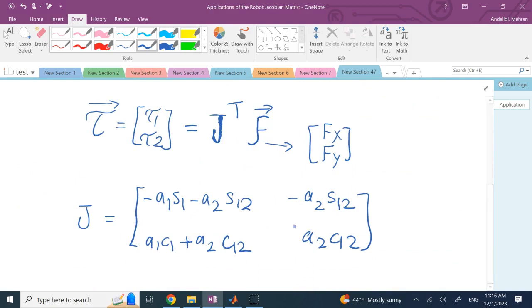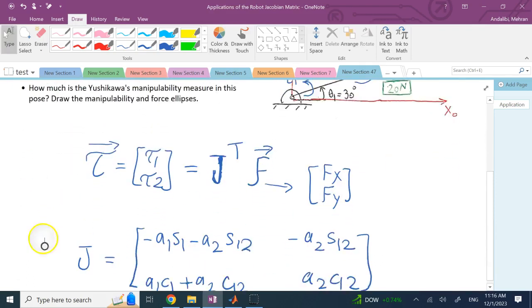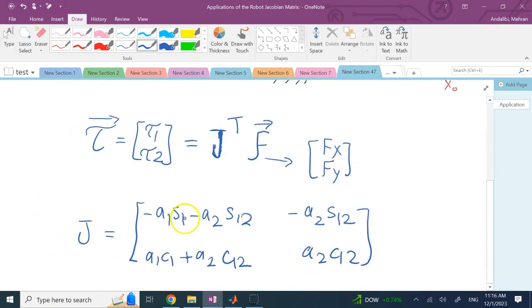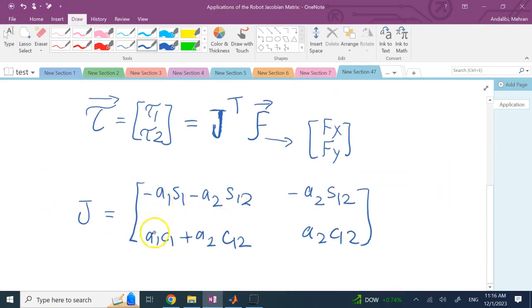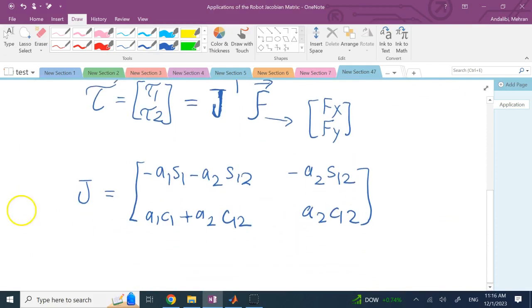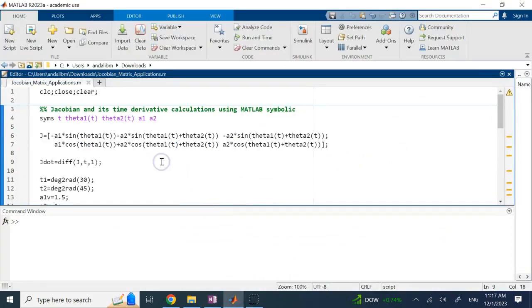Now, at this specific angle, theta 1 is going to be 30, as I said, and theta 1 plus theta 2, which is theta 12, is going to be 75 degrees. We calculate the sines and cosines and replace A1 and A2. If we plug in the numbers, I have this MATLAB code that can give you the numbers.